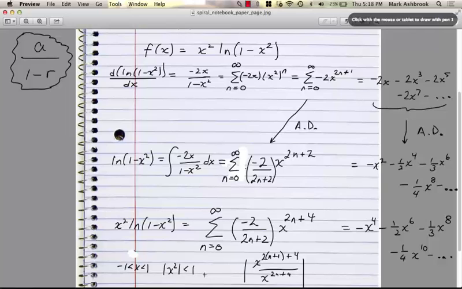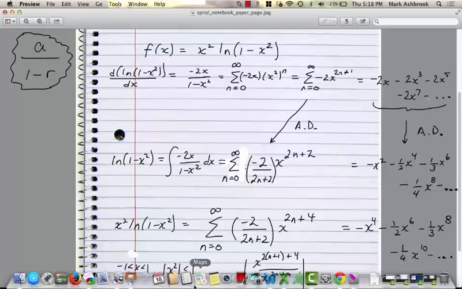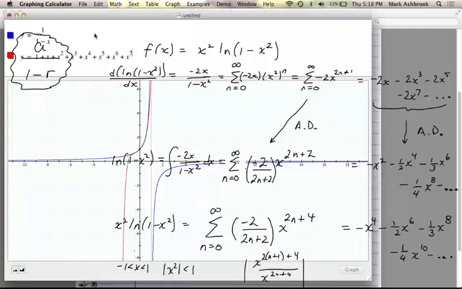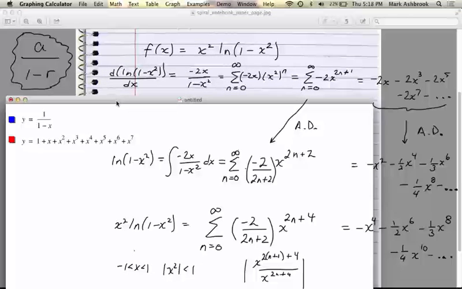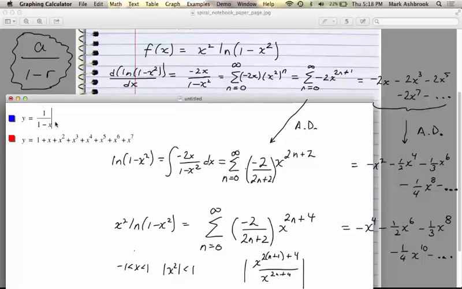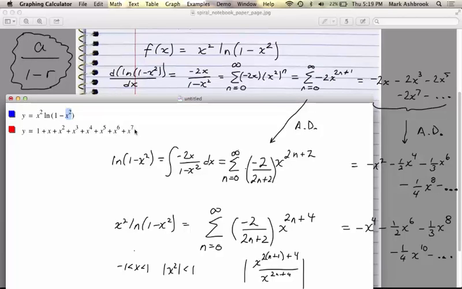Any other questions? Okay, so let's graph this. See that this worked. I'm excited. So what is our original function? x squared times ln of 1 minus x squared.